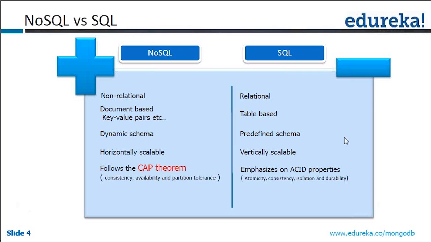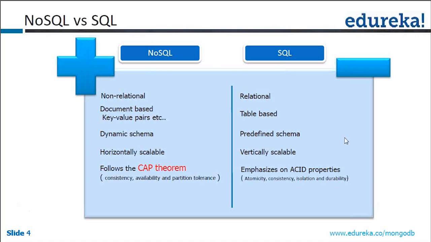The moment we say non-relational, what we mean is that relationships are represented in a different manner. There is no hard and fast rule of representing related data with foreign key constraints, and that's the reason we say non-relational. That doesn't mean there are no relations between the entities we are representing in the data model, but the relationships are represented in a different manner.